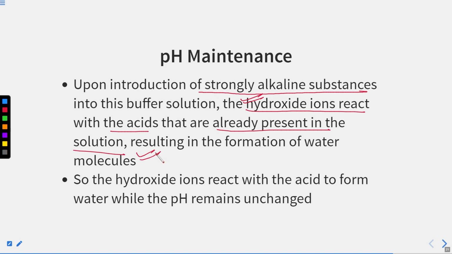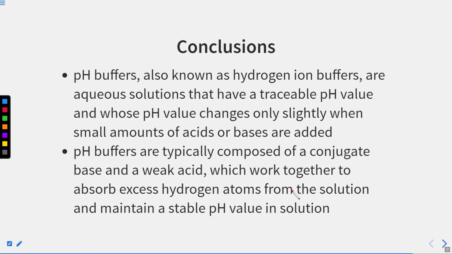So the hydroxide ion reacts with the acid to form water. This acid is giving what? This acid is giving hydrogen ion, right? The hydrogen ion and the hydroxide ion, which is coming from any base you are adding, will join together and form water while the pH remains unchanged. So in this way the pH can be maintained.